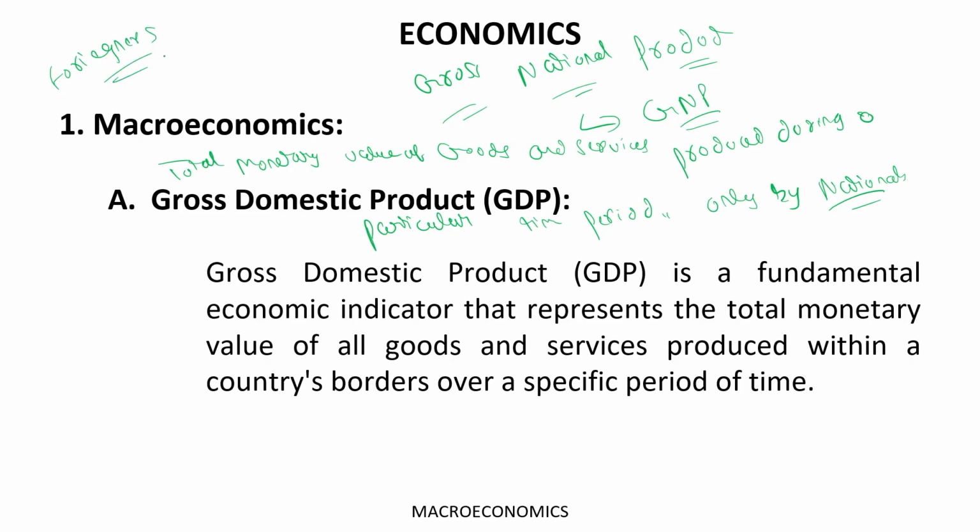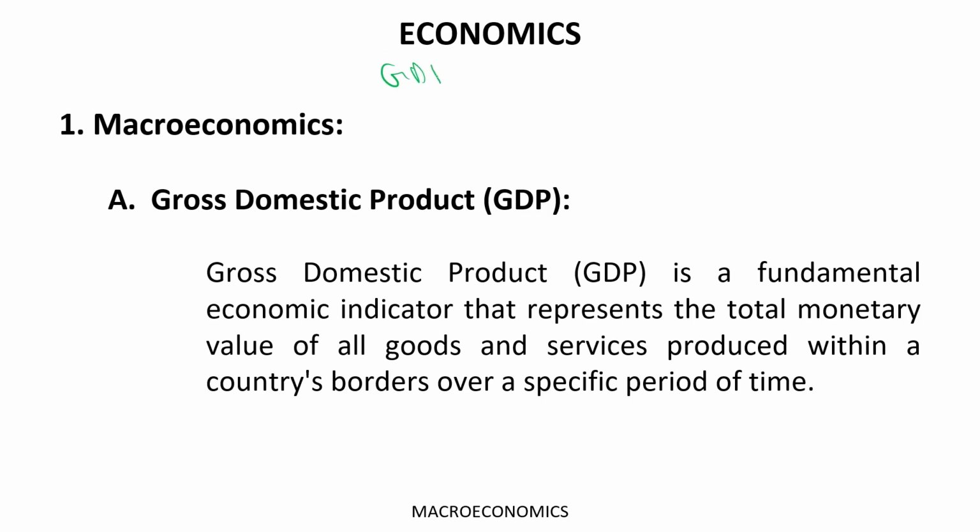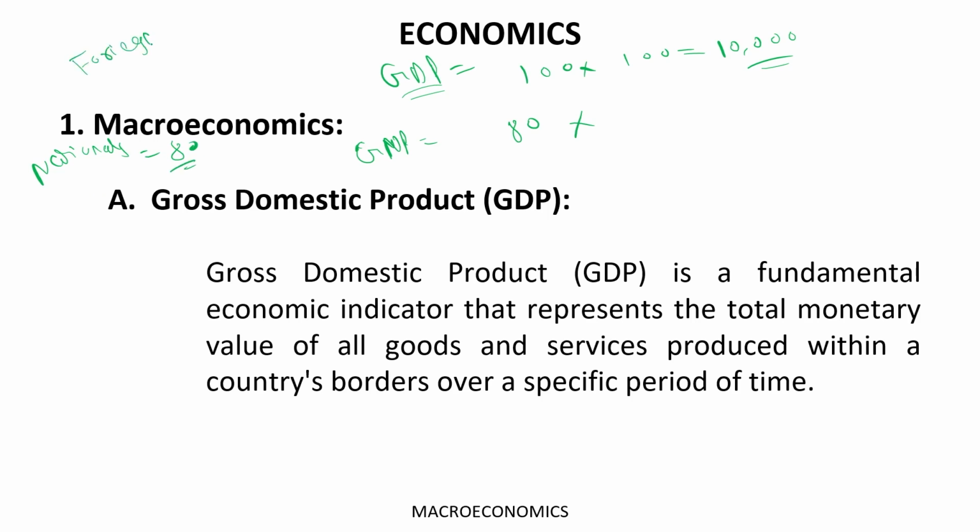Let's understand it by an example. For GDP, we have the 100 into 100 condition, as I told you earlier, so total GDP is 10,000. But when we go for the GNP, suppose 80 units are produced by the nationals and foreigners produce 20 units.